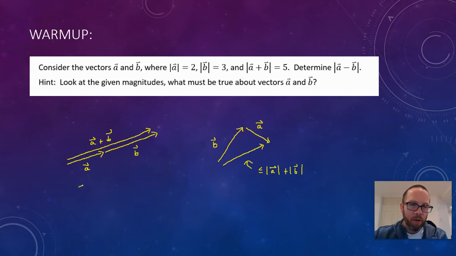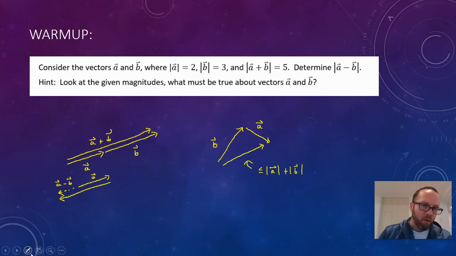So just down below here, if I draw vector A, then minus B will be in the exact opposite direction, like so. A minus B, I'm going to represent by that dashed line there.